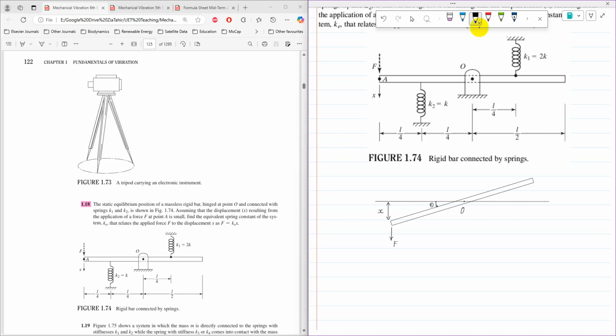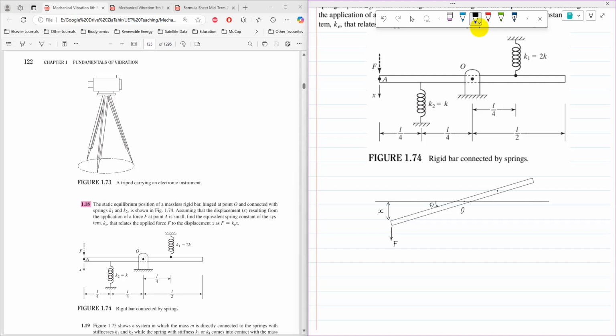For spring K2, I am going to assume that the spring force due to K2 is F2 and the spring force due to K1 is F1, and both of these forces are acting at a distance of L by 2, somewhere here.